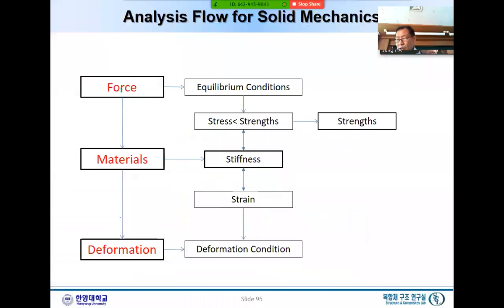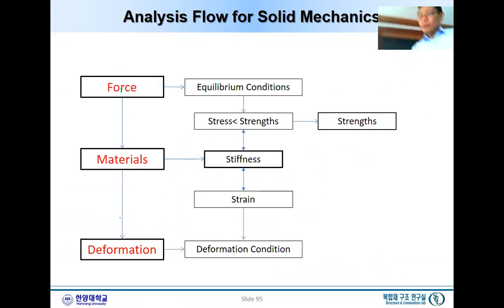This flow chart will equally apply to this torsion theory. Okay, here we will have a shaft. Mainly the cross section is the circular cross section. I will draw it in this way.